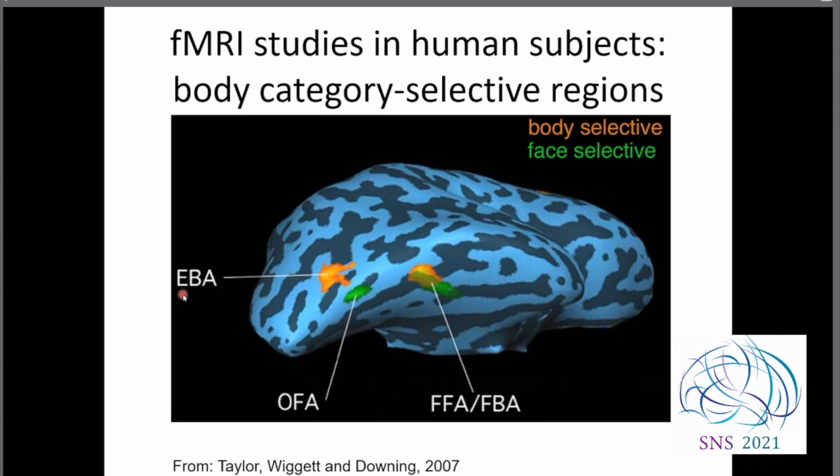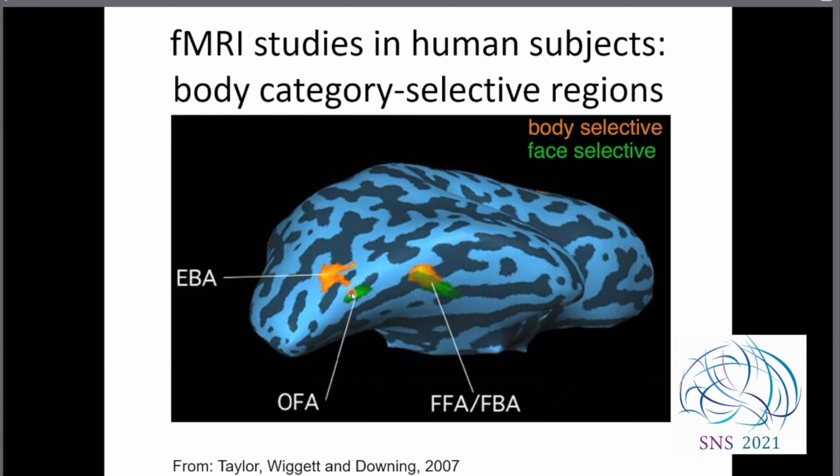It stands for extrastriate body area, and then there's one more anterior here, which is the FBA, in the fusiform gyrus, so it's fusiform body area. It's just a little bit posterior, partially overlaps even FFA, the fusiform face area. And the EBA is relatively close to the OFA, which is also a face area.